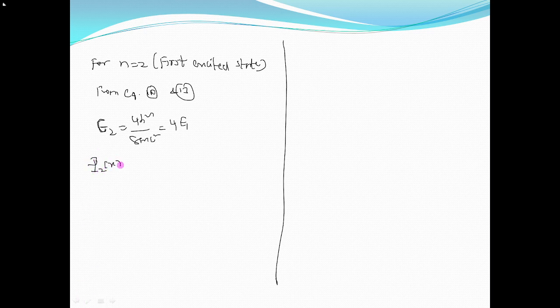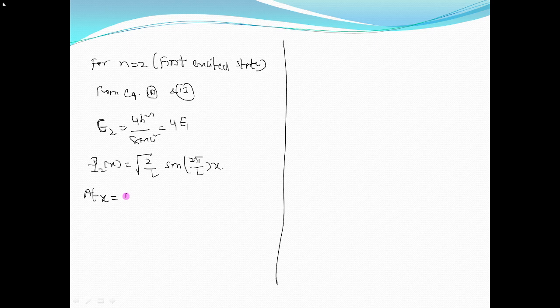And psi 2(x) is equal to root 2 by L sine 2 pi by L into x. Now tell me, at what value of x will sine be maximum, so that the probability of finding the particle is maximum? Here I should get pi by 2.